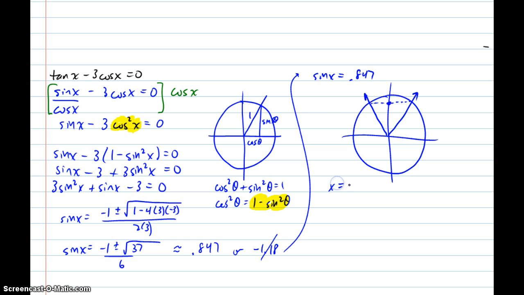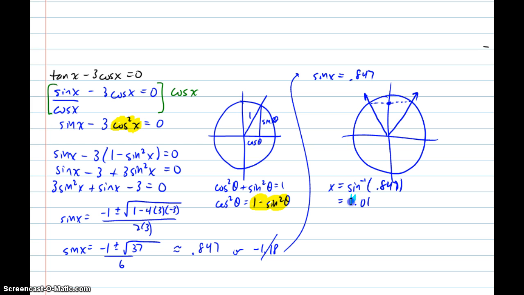So x is equal to the inverse sine of 0.847, and here's where I use that stored value on my calculator. Inverse sine of the thing I stored, and I get approximately 1.01.